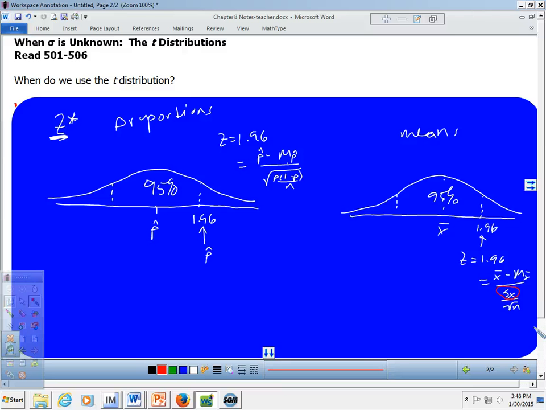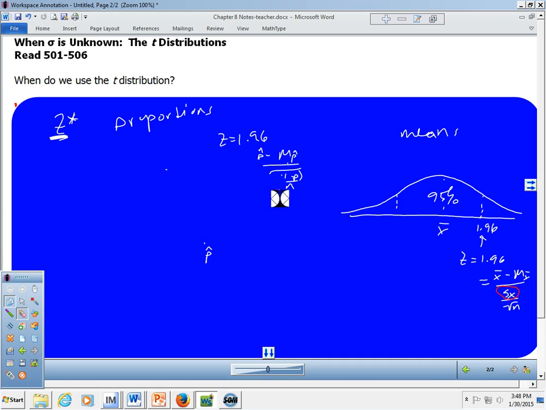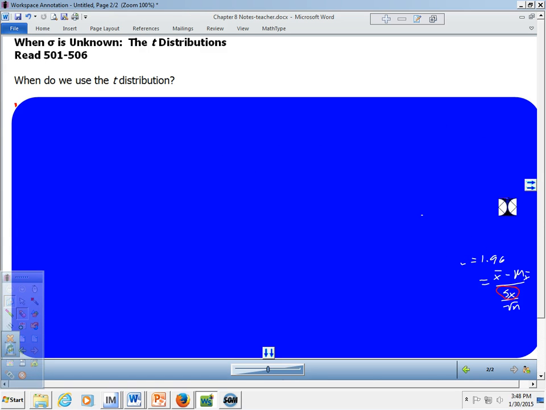When we divide by some number using the sample standard deviation, something interesting happens to our curve. The values, the way they shape up, it's no longer anything that we can consider a normal curve. If we need more explanation on that, we can go through it in more detail in class, and the book will go through it with you as well.